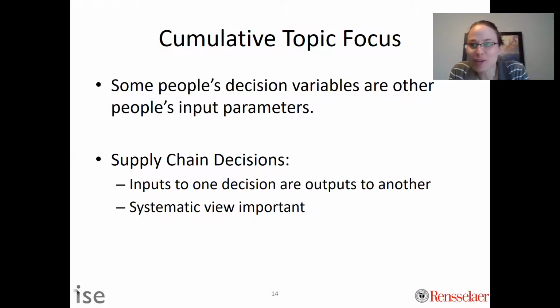Then as we moved throughout the semester, that became an input parameter. Our forecast became a piece of data that we assumed we had some estimate for, but we weren't trying to decide anymore, and we used that to make other decisions. That's an important concept to think about in supply chains, but also in life.